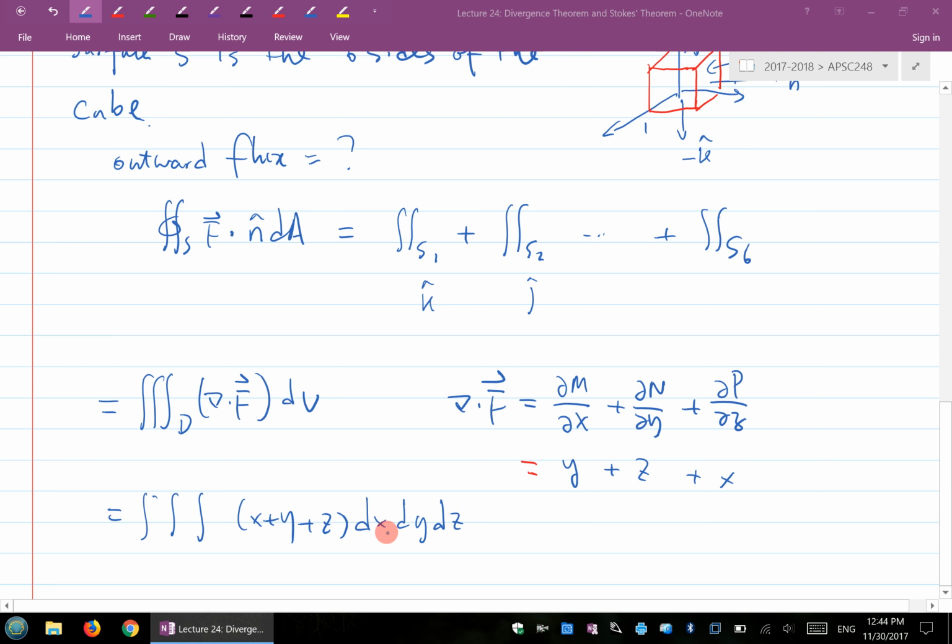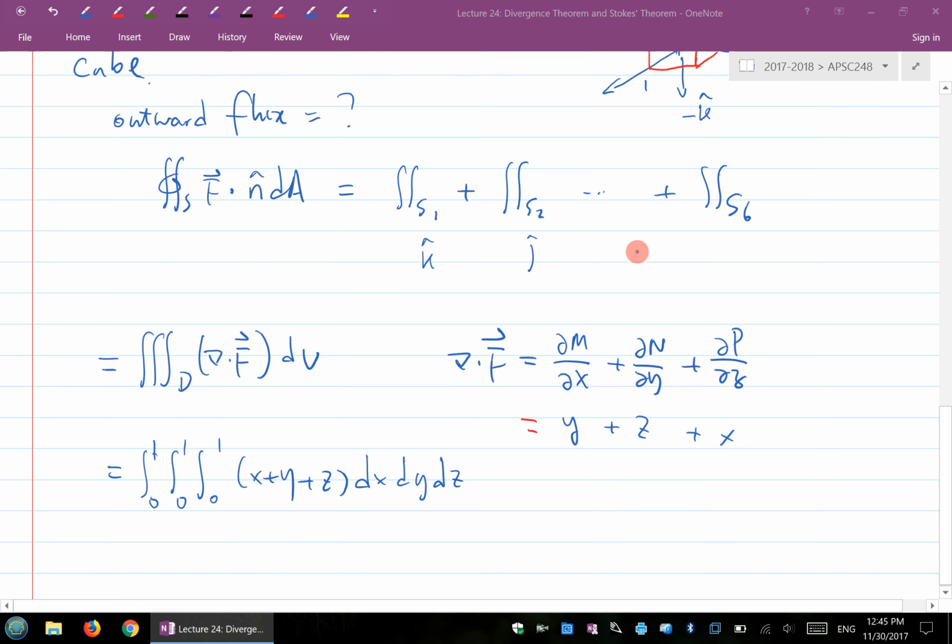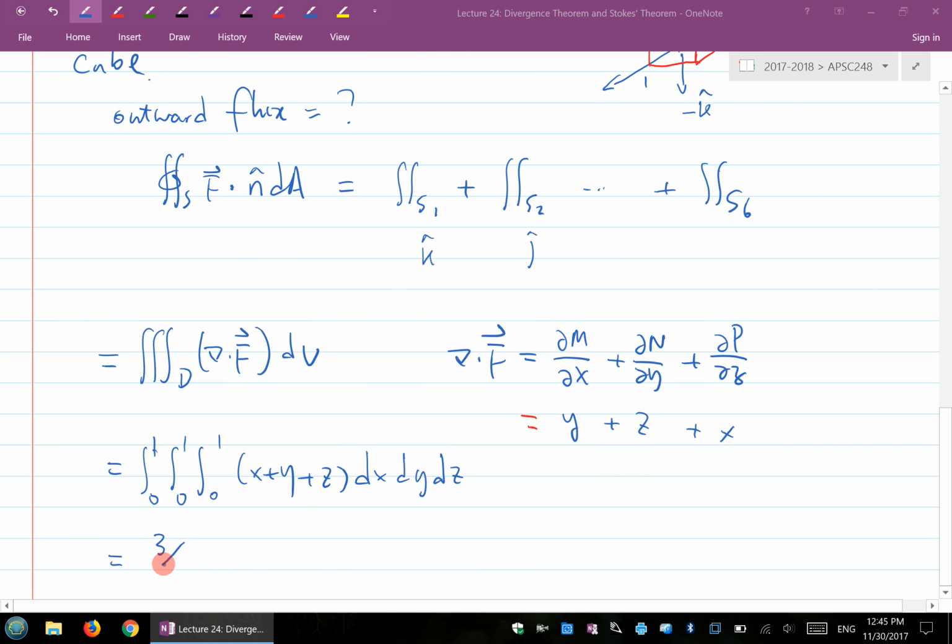Because it's a cube, x goes from 0 to 1, y goes from 0 to 1, z goes from 0 to 1. This is a very simple triple integral to calculate. You can easily get 3 over 2. That's the idea of how to use this divergence theorem.